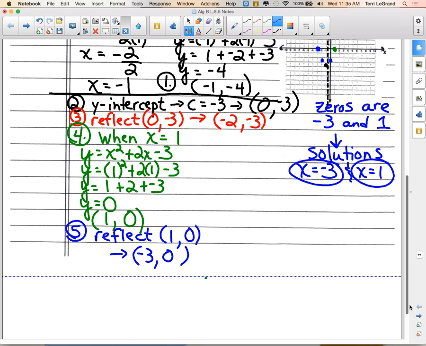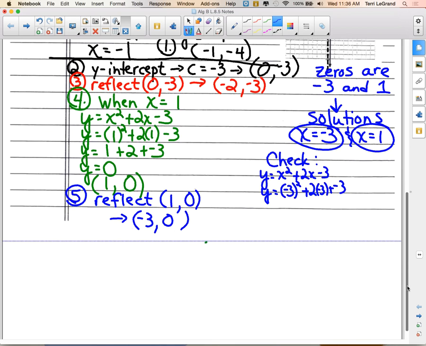So now we're going to check though, because that's what we always did with our zeros, remember? We're going to put our -3 in. So we have y equals x squared plus 2x minus 3. We're going to substitute -3 in first and see if it checks out. How will it check out?